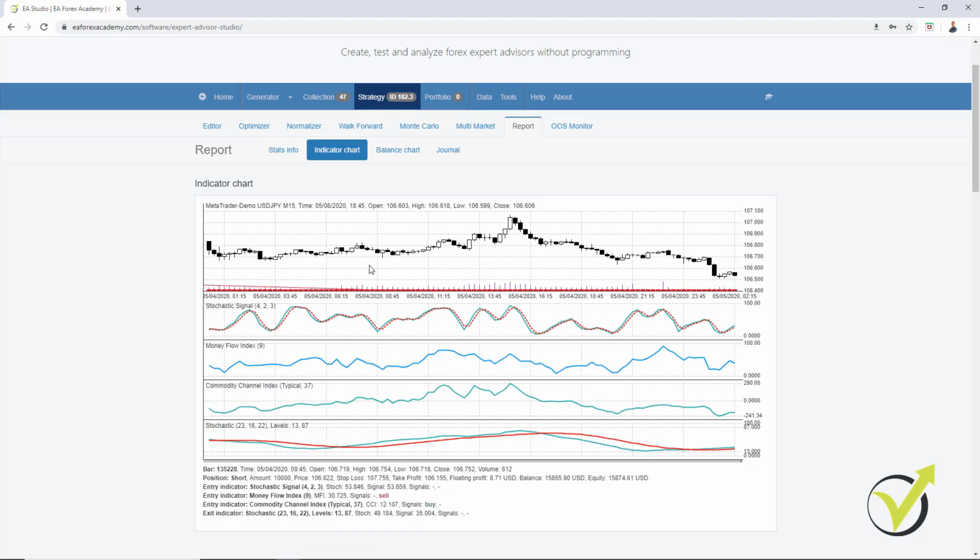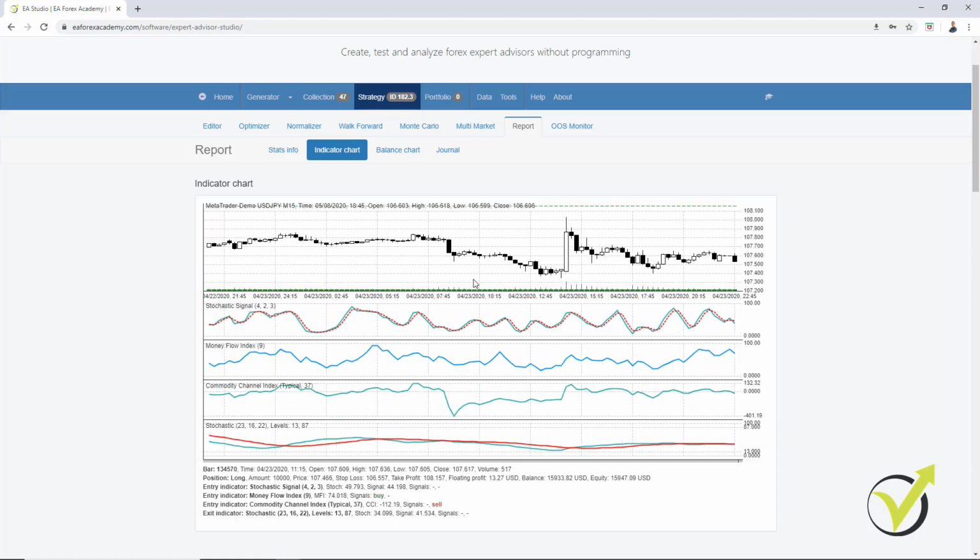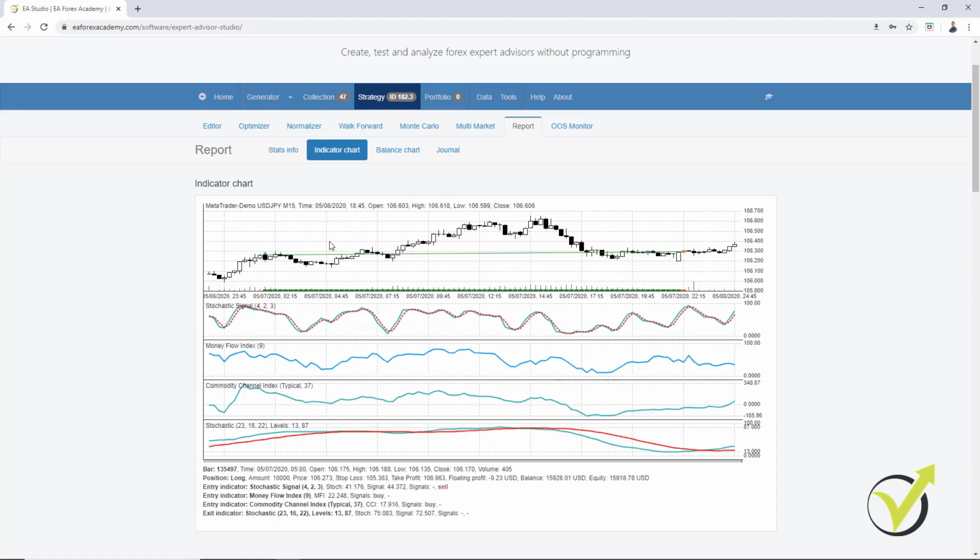Let's have a look at a long trade and then we will have a look at a short trade. So at this candlestick we have a long trade, which means that the strategy executed a buy position, and this is because in the previous bar we have confirmation from all of the indicators, and on the opening of the next bar the trade is opened and this trade was closed due to the exit rule.